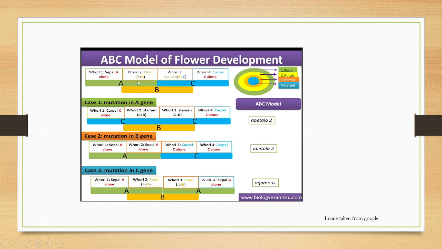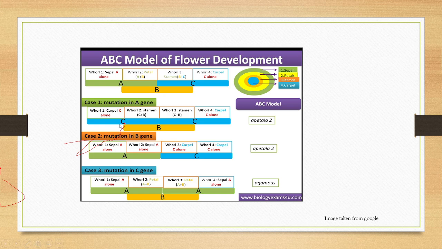So if A is not there, then C will come; if C is not there, then A will come. I'm explaining it in detail for the people who might watch the recorded session. So if there is a mutation in the A gene, then since A and C are equally dominant, C will come in place of A.